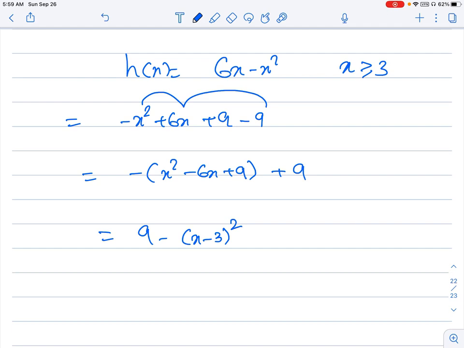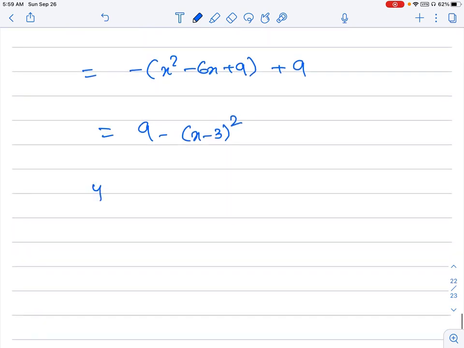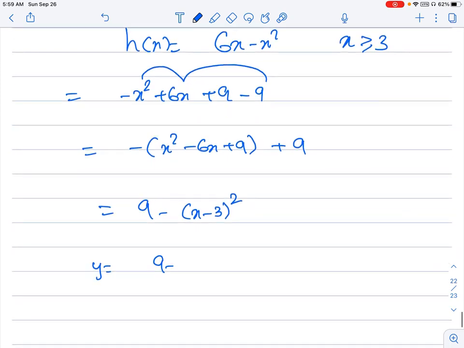So then what else has been asked? To find h inverse of x. So y is equal to 9 minus... Because he says that x is greater than or equal to 3, we have to take it in the form of x minus 3 whole squared.